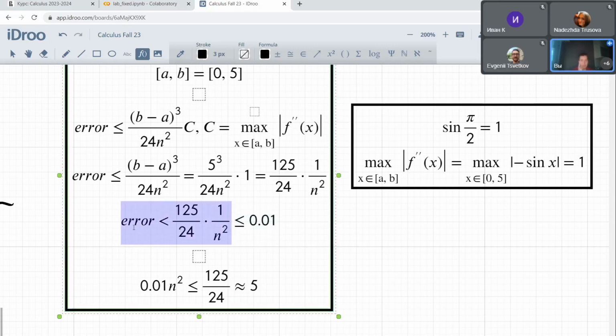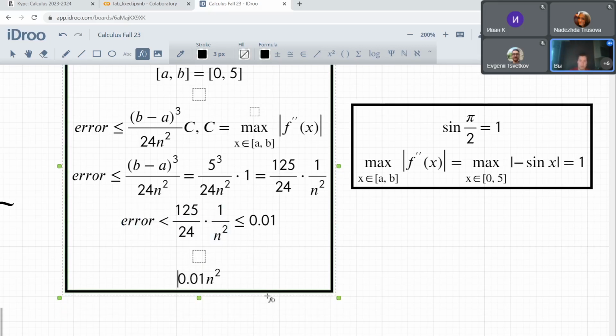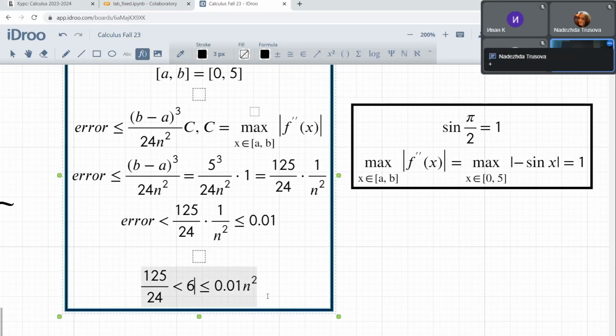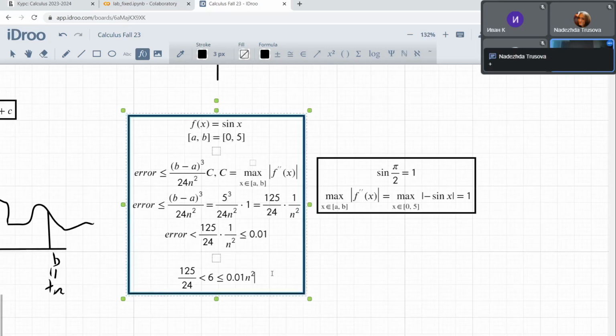So this inequality is always correct. Nice. So you can take some good enough n and you will get some bound.